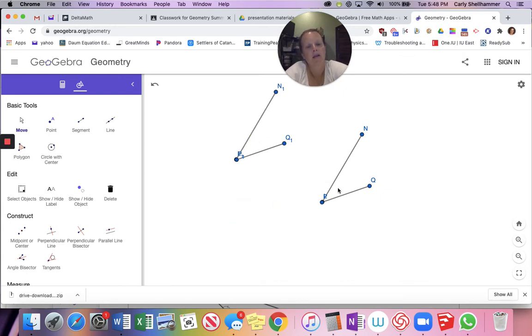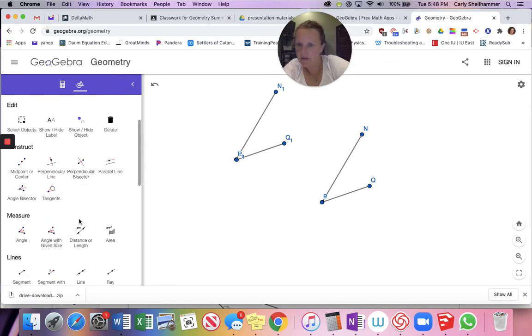So I sort of translated this segment up here, translated that segment down there. So the angles are the same. Now I should be able to make a segment between them. Well, let's actually show that measurement. Should be the same. Yep. And this angle measurement should also be the same.